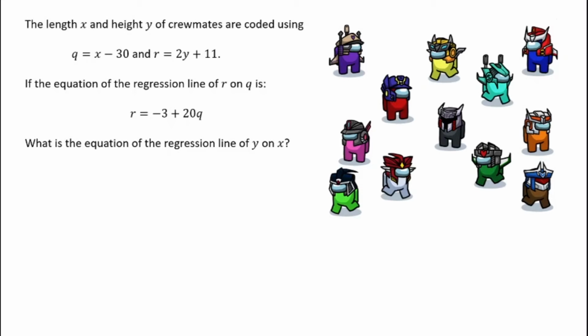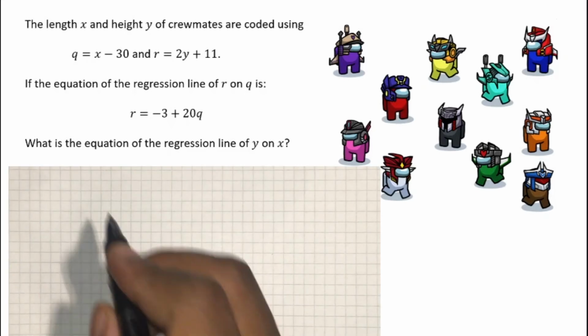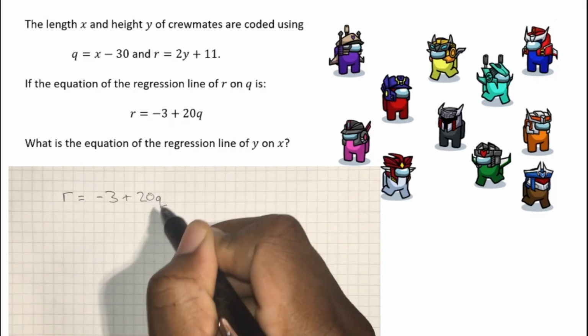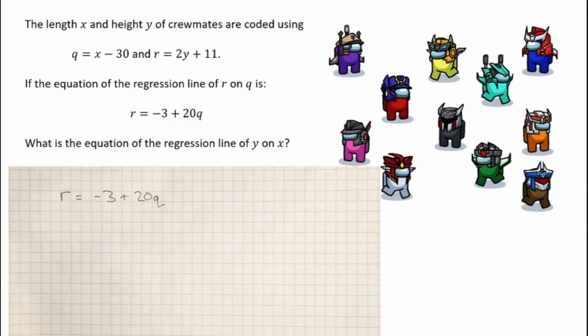In this question, we're told that the length x and the height y of crewmates are coded using these two formulae: q equals x minus 30 and r equals 2y plus 11. If the equation of the regression line of r on q is as shown, r equals negative 3 plus 20q, what's the equation of the regression line of y on x?